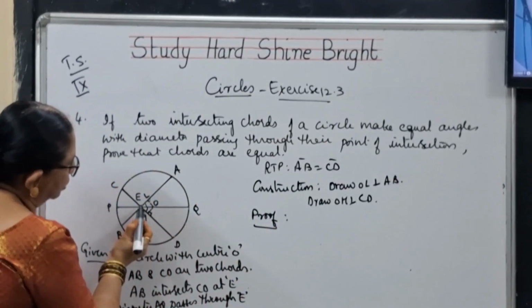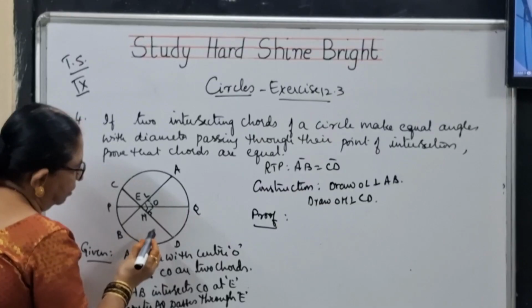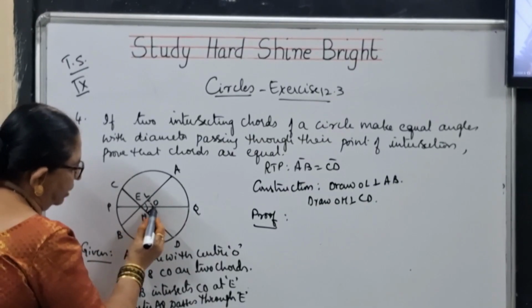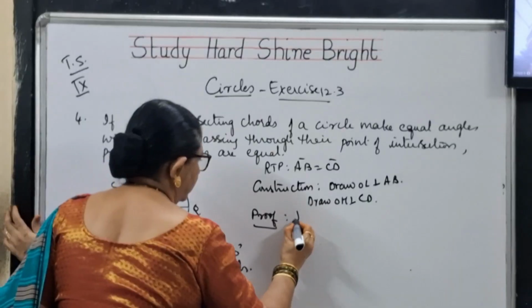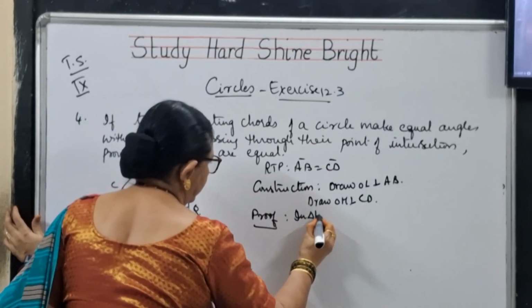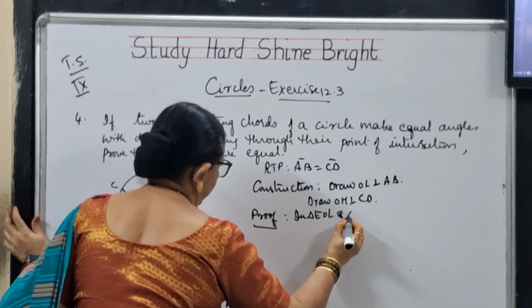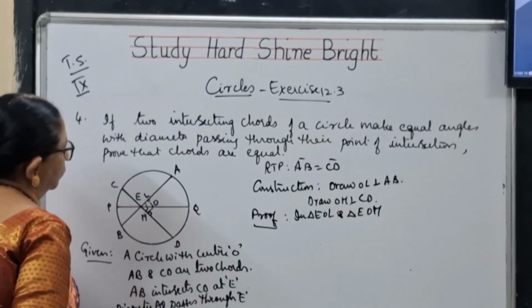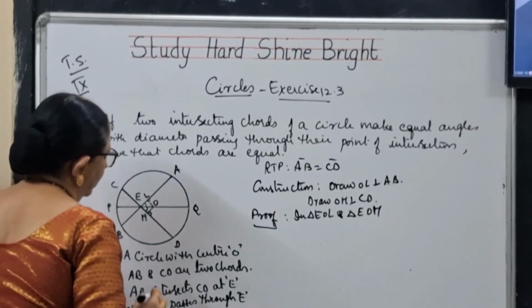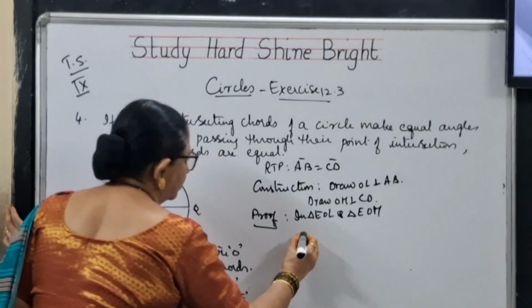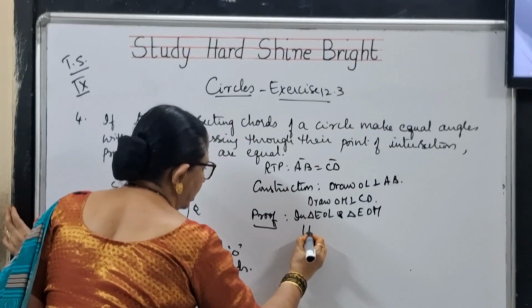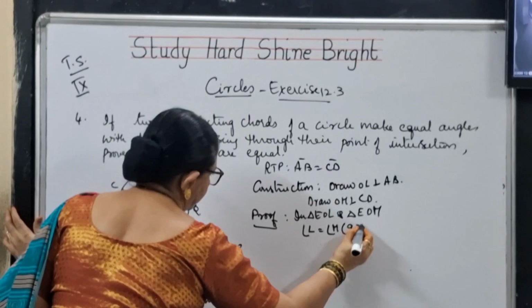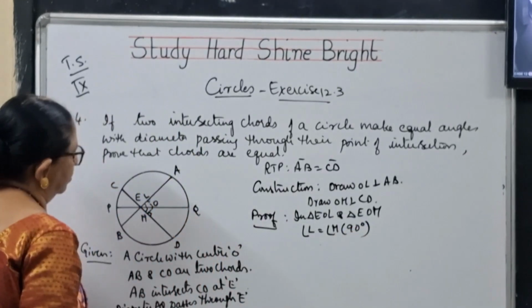See children, we have got two triangles at the center. One is triangle EOL and another one is triangle EOM. In triangle EOL and triangle EOM, in these two triangles, angle L is equal to angle M. They are 90 degrees.